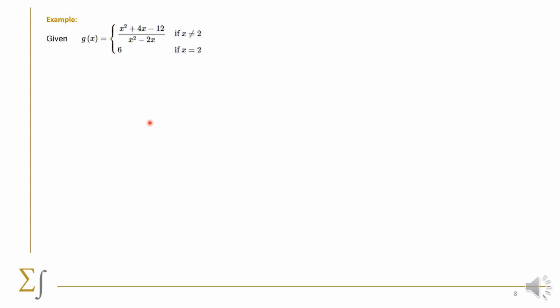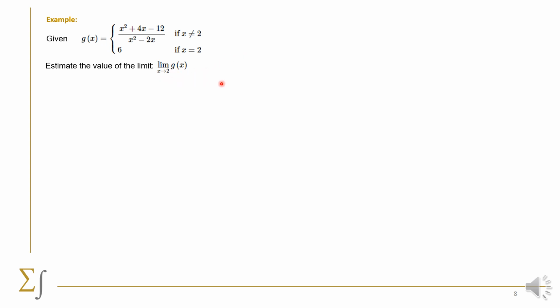Given g of x is equal to x squared plus 4x minus 12 all over x squared minus 2x, this if x is not equal to 2. And whenever x is equal to 2, we have g of x equal to 6. Evaluate the limit of g of x as x goes to 2.